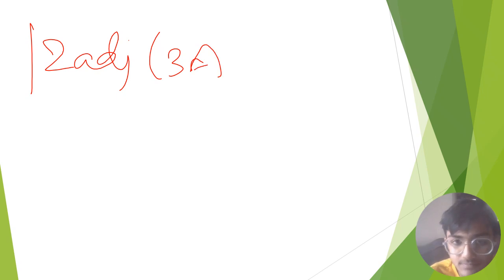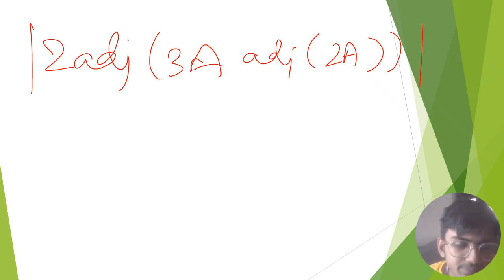So the required determinant is like this. The way of solving this type of question is a very sophisticated way. First of all, you have to see this adjoint. As given in the question, A is a matrix of order 3.